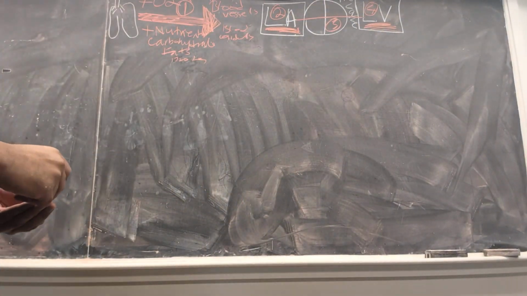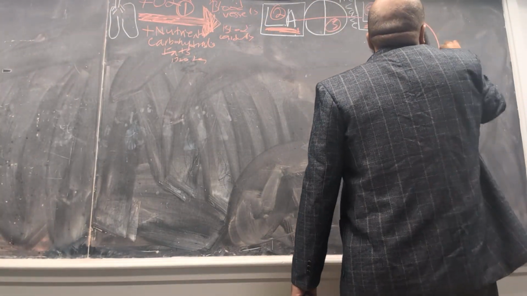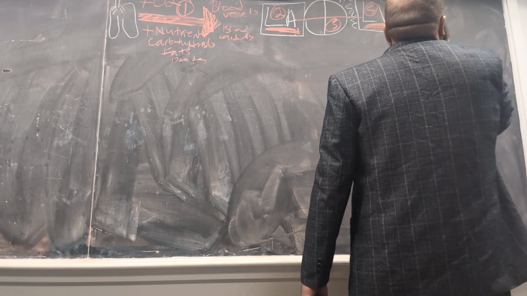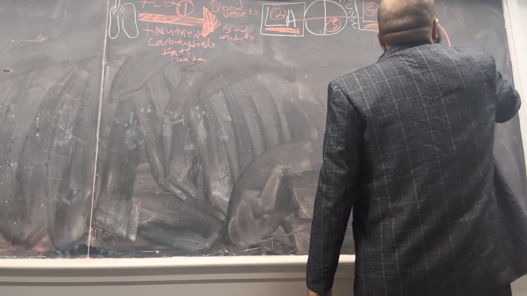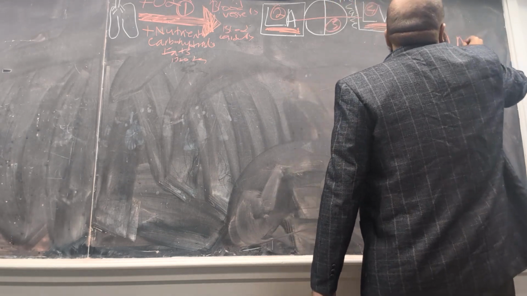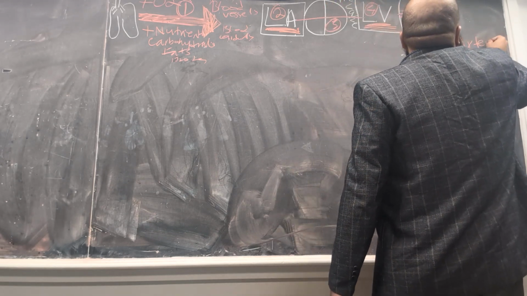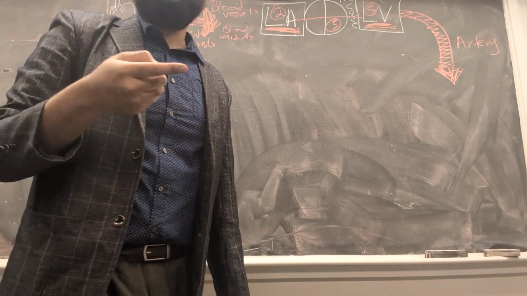From the left ventricle, the blood is pumped out through blood vessels, blood conduits, away from the heart. Since the blood is going away from the heart, these are arteries, and they carry red blood, oxygenated blood, full of nutrients.